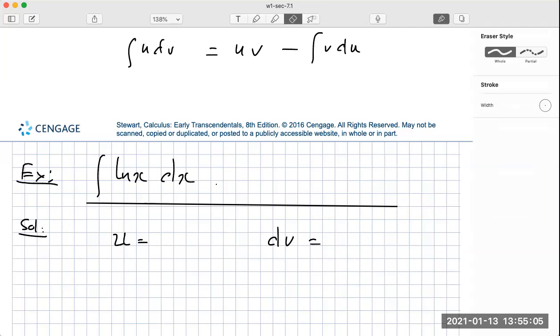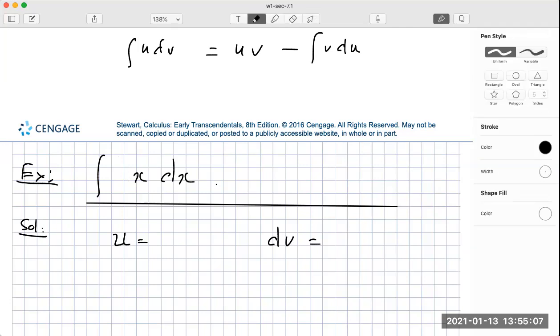Oh, yeah, this is natural log of x. Okay. The thing is, if we define u to be 1 and natural log of x is dv, you need to find the antiderivative of natural log, right?